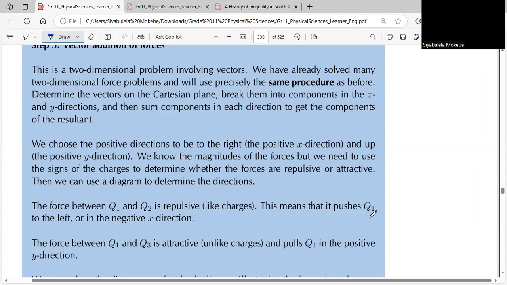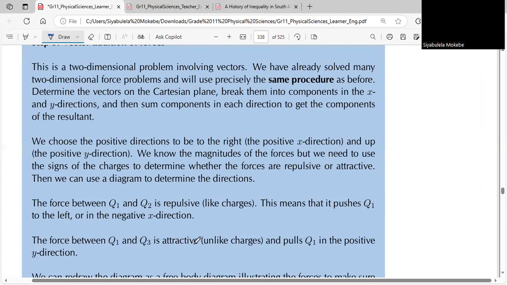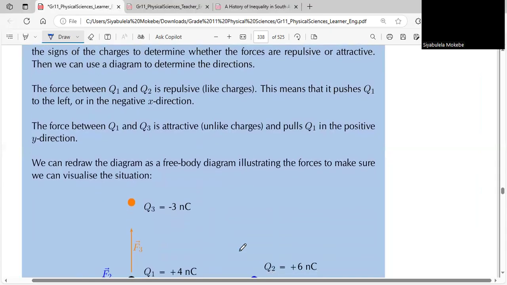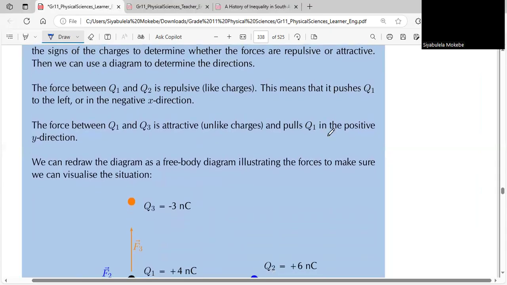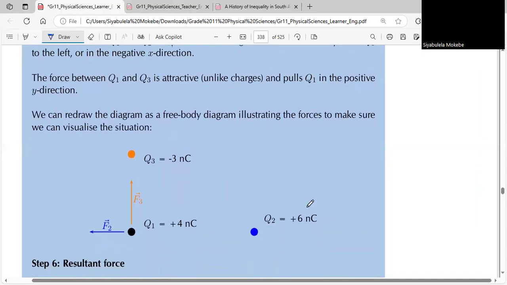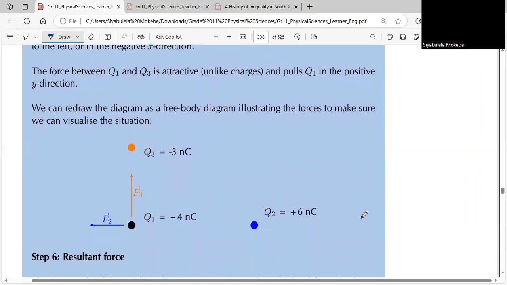This means that it pushes Q1 to the left or in the negative X direction. The force between Q1 and Q3 is attractive and pulls Q1 in the positive Y direction. We can redraw the diagram as a free body diagram, illustrating the forces to make sure we can visualize the situation. Okay, this is our situation.